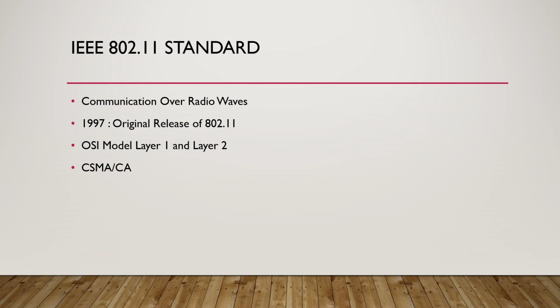Wireless LAN communication is based on carrier sense multiple access with collision avoidance, as opposed to collision detection, which is used in Ethernet.